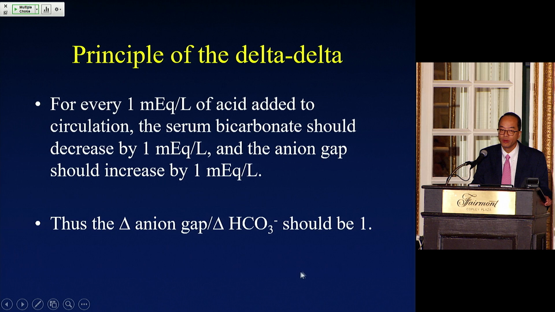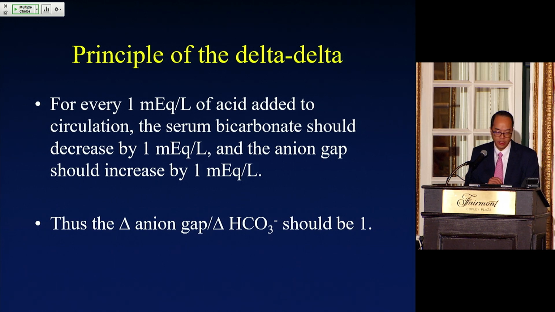Okay, so as I alluded to earlier, when you have a patient that has an anion gap acidosis, the first step is to determine the delta-delta. So the question here is, is the increase in anion gap proportionate to the level of acidosis?